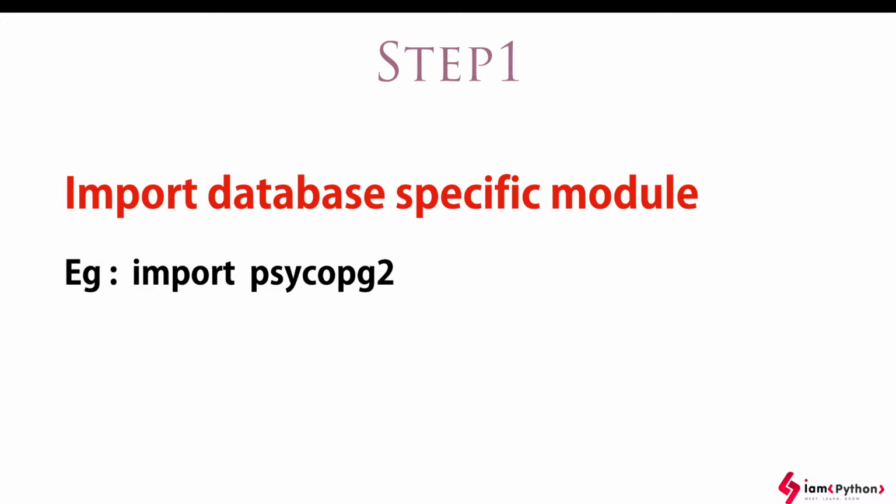Why do we need different drivers, different modules? Because Python is a separate programming language. The database is actually a separate entity, separate software. On top of it, we use the language called structured query language, that's SQL. So when you are connecting Python and SQL, both are two different languages. We need some translator. For that, we need a driver.